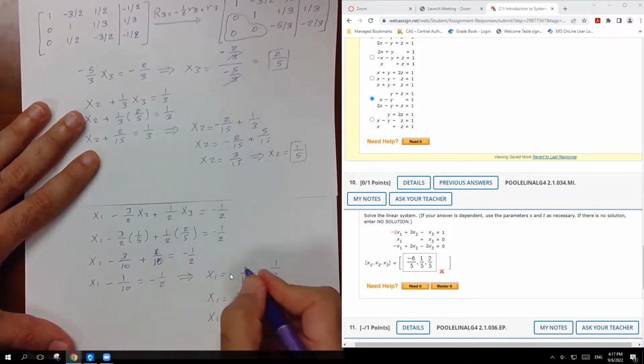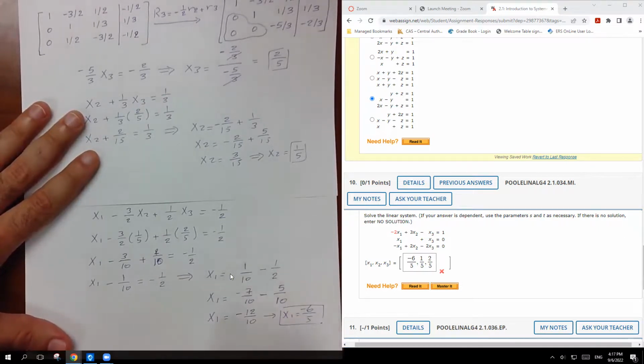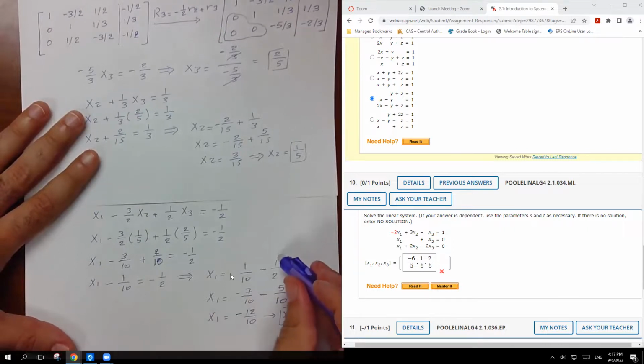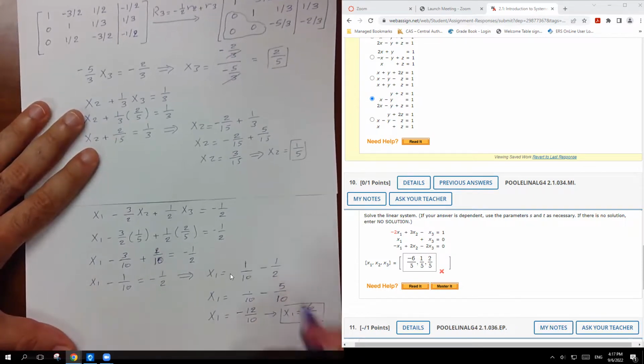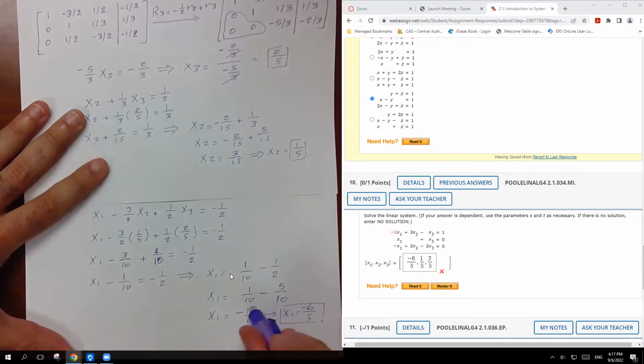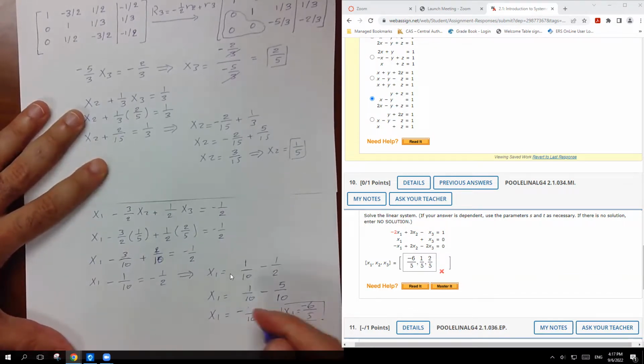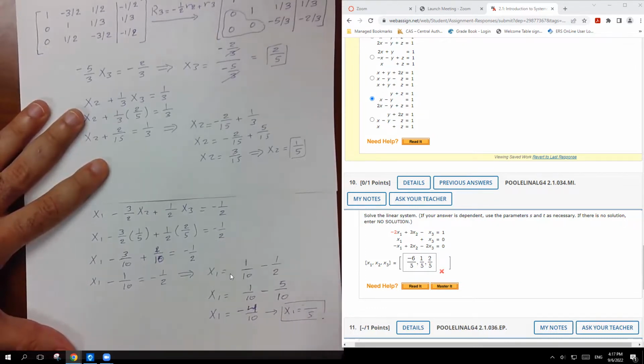It's going to be 1 over 10 minus 1 over 2. Then multiply this one by 5. So it's going to be 5 over 10. And this one keep it 1. Then 1 minus 5 is going to be negative 4 over 10. And then simplify this one by 2, it's going to be negative 2 over 5.